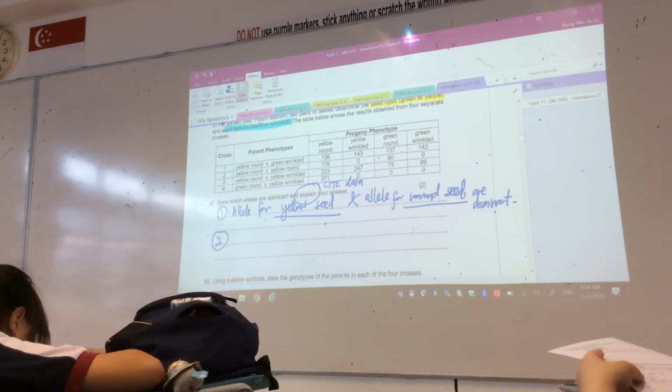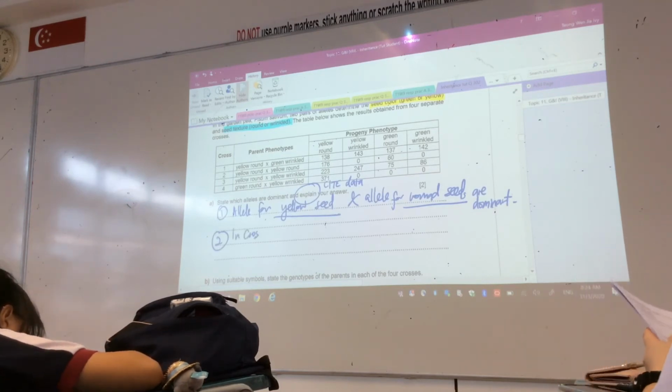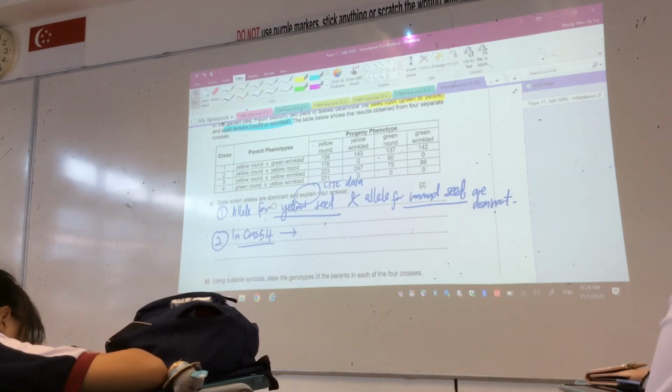Second mark, how are you going to explain? You're going to say in cross 4, what happens in cross 4? When you cross this parent with this parent, 100% of the offspring is only yellow and round.